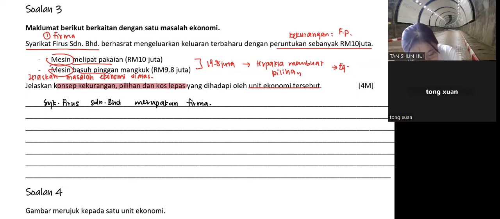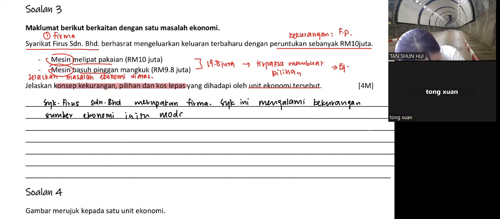All right. So we can see it. Syarikat ini mengalami kekurangan sumber ekonomi, or you can write faktor pengeluaran. You can further a little bit, yaitu modal. Lack of money. Okay, modal.